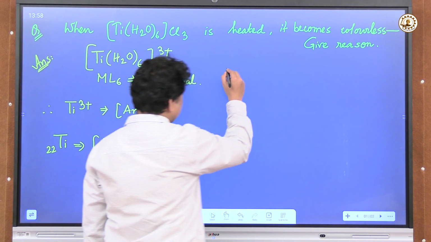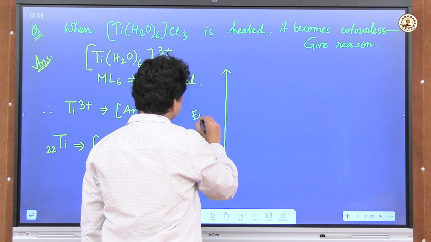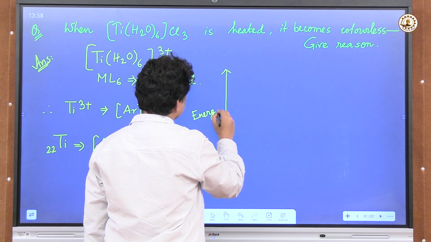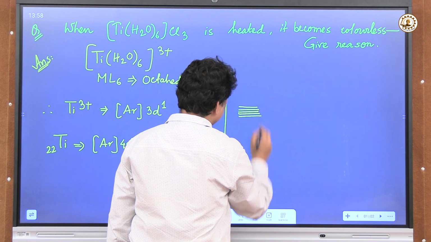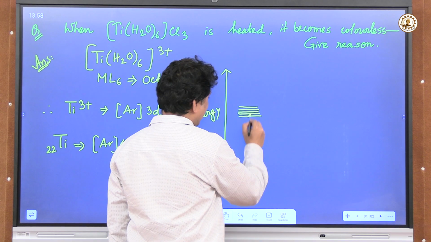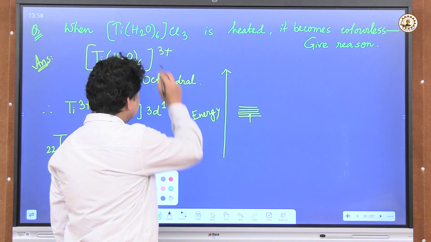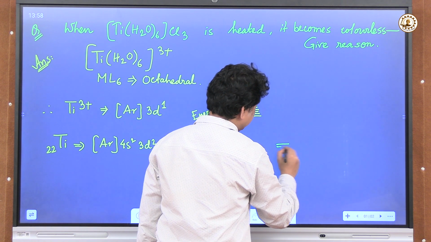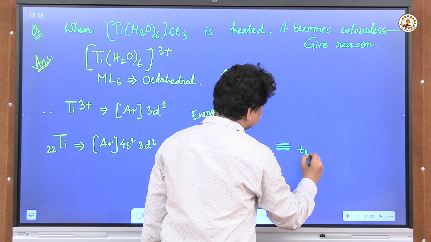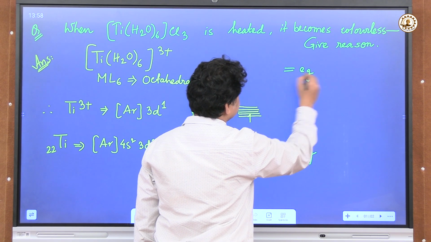If we draw the splitting diagram, this is your energy axis. These are the 5 d orbitals of titanium 3+, and we have one electron over here. As it is an octahedral field, it will split into t2g and eg.